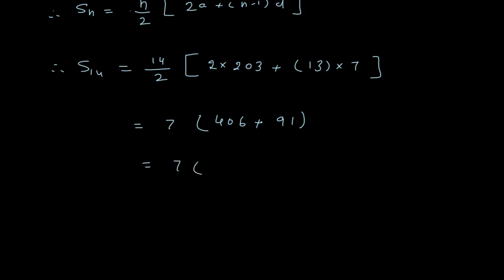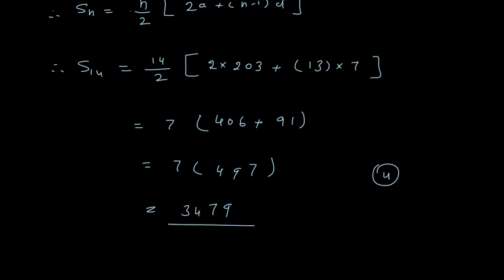So it is 7 into 497. So 7 times 7 is 49, 7 times 9 is 63, 63 plus 4 is 67, 7 times 4 is 28, 28 plus 6 is 34.